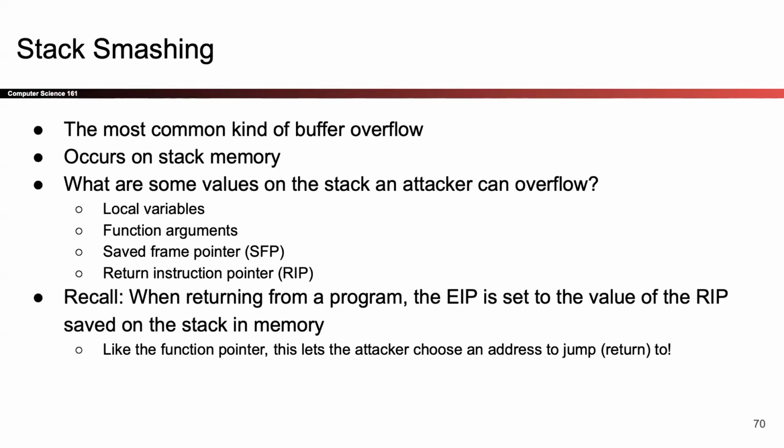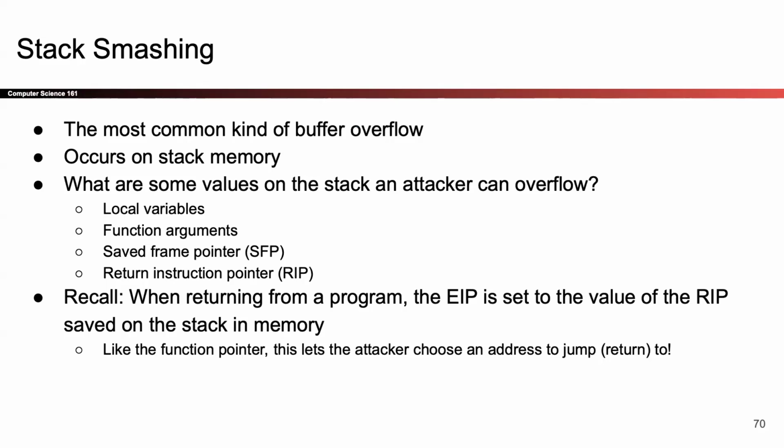I'm going to show you the first type of exploit against buffer overrun vulnerabilities. The oldest form of vulnerability and exploit is called stack smashing. Stack smashing occurs if I have an array or a buffer, a memory region that's stored on the stack.